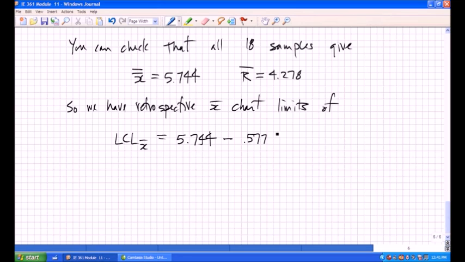If you take 0.577 times 4.278 and you subtract that from X bar bar, you get 3.28, and the retrospective upper control limit for X bar would be the same thing with a positive sign there, and that turns out to be 8.21.